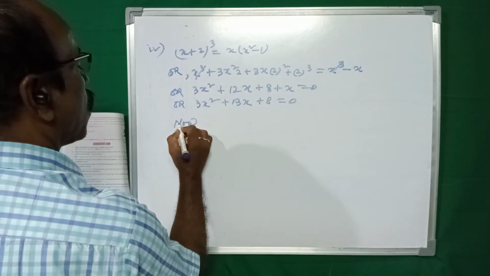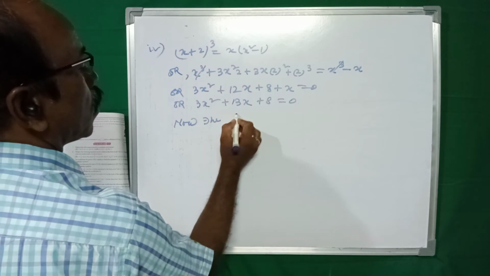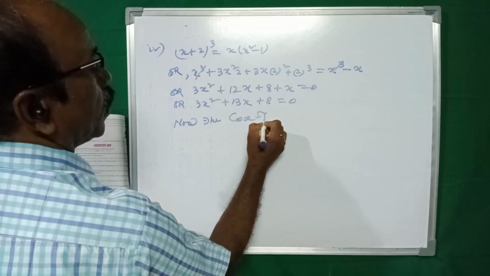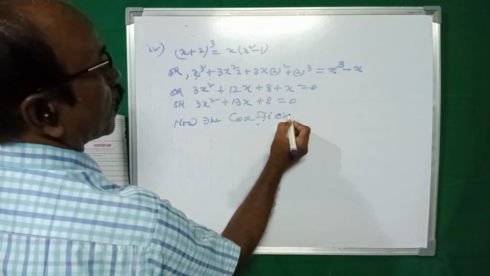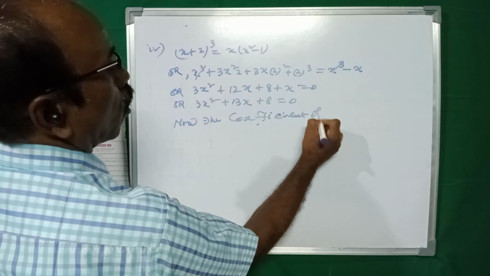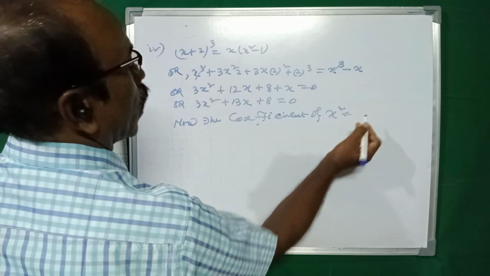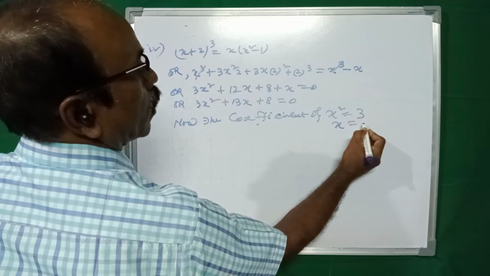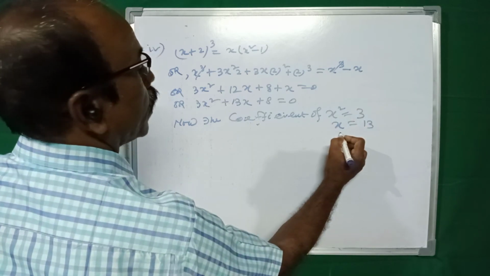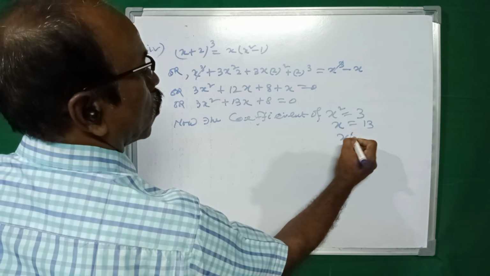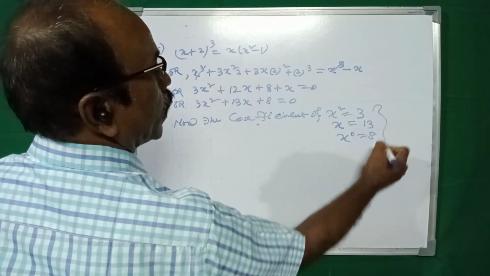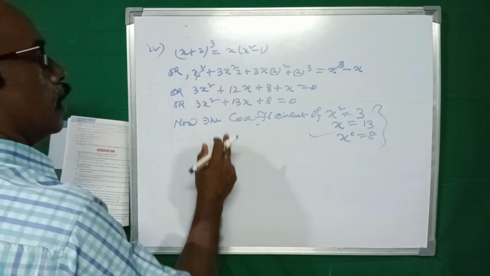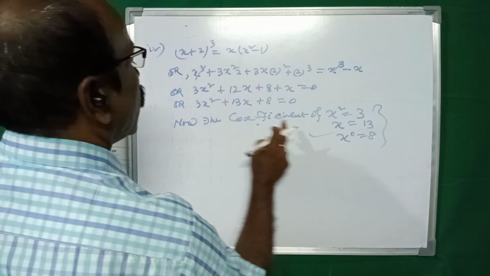Now the coefficient of x square is equal to 3, x is equal to 13 and x0 is equal to 8. My dear student, you see it is very simple.